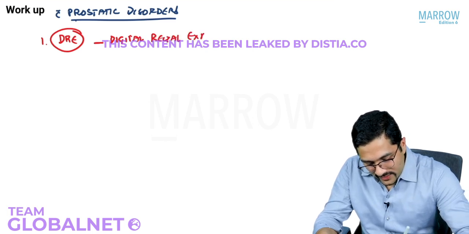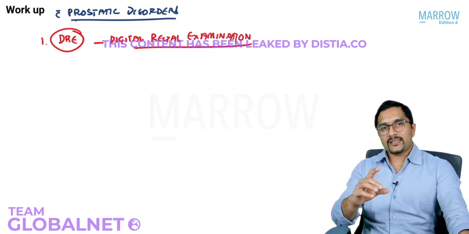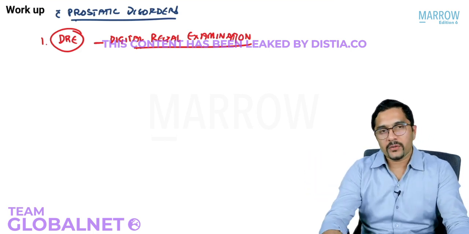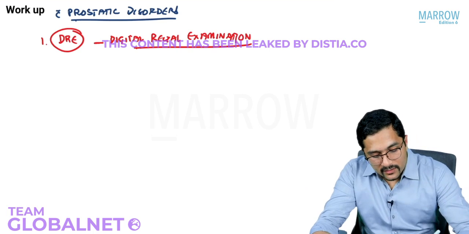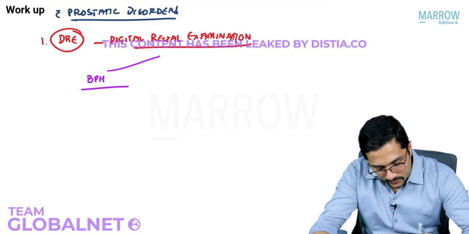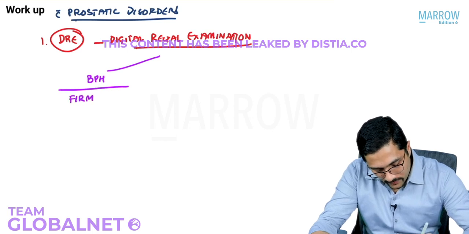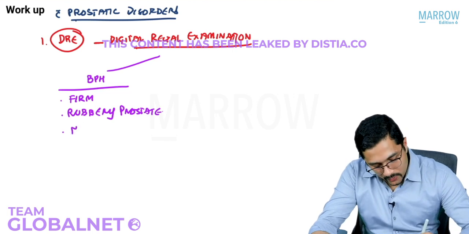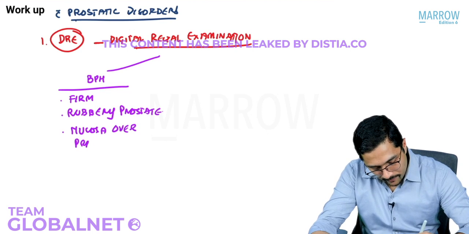We have already discussed in the chapter on rectal disorders about digital rectal examination, and that we can feel the prostate anteriorly when we do a digital rectal examination. Now, when you do a digital rectal examination, if it is benign prostatic hypertrophy, it is a firm rubbery prostate, and the mucosa over the prostate is mobile.